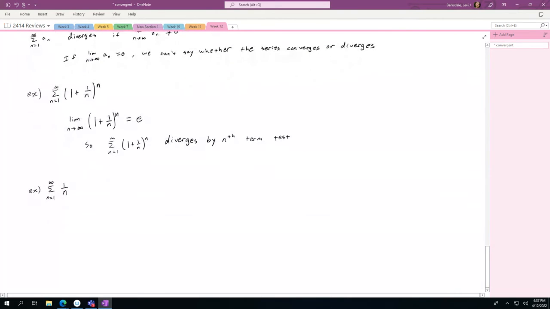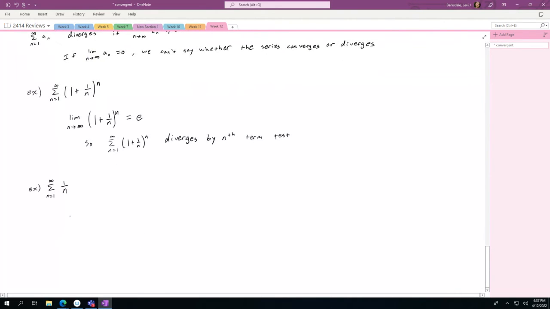So, in the nth term test, all we do is we take the sequence, place it in, and we take the limit as n goes to infinity of that sequence. So what's the limit as n goes to infinity of 1 over n? It is 0. And what does that tell us? No. That is the trap that everyone will fall into, which is why I want to make this very clear. If we get that the limit is equal to 0, we know nothing.